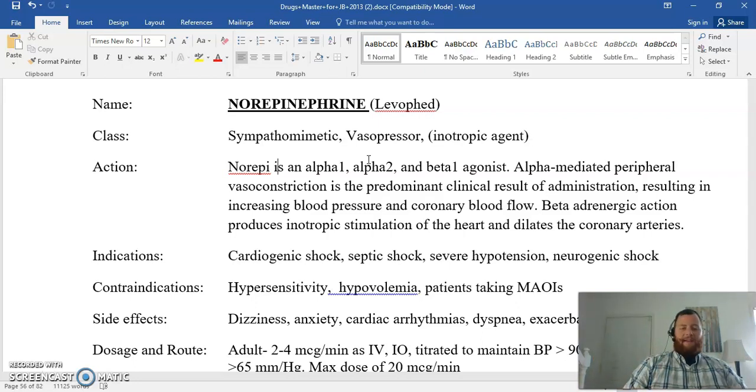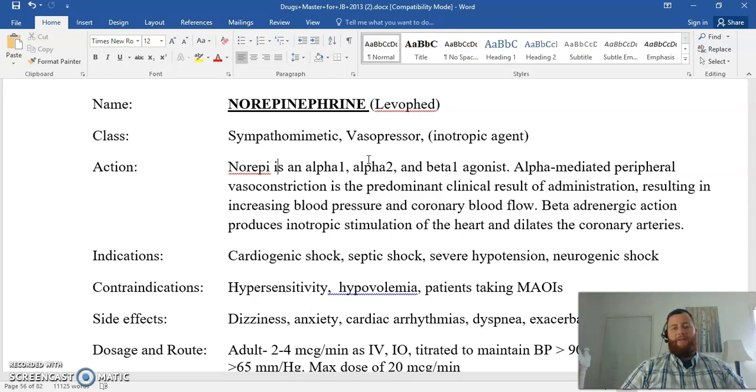So, that being said, norepinephrine is the opposite of epinephrine in a way, meaning that norepinephrine has a much higher affinity for alpha receptors in comparison to that of beta receptors. So, the primary effect of norepinephrine is going to be vasoconstriction. It's going to shrink the vessels. That doesn't mean that it does not have some effect on beta receptors, because it does. It can increase the heart rate minimally.